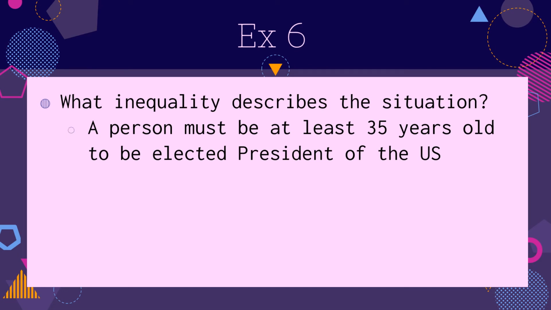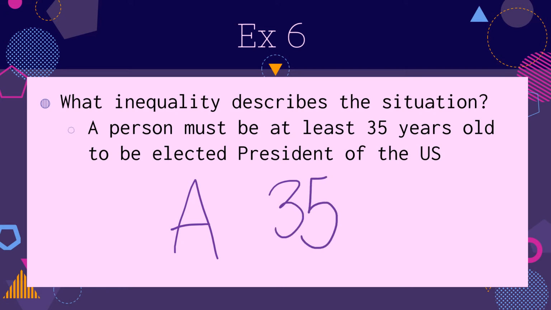Let's talk about this one. We can take statements and turn them into inequalities. For example, a person must be at least 35 years old to be elected president of the US. All right, so for their age, I'm going to use the letter A. The number we're talking about is 35.